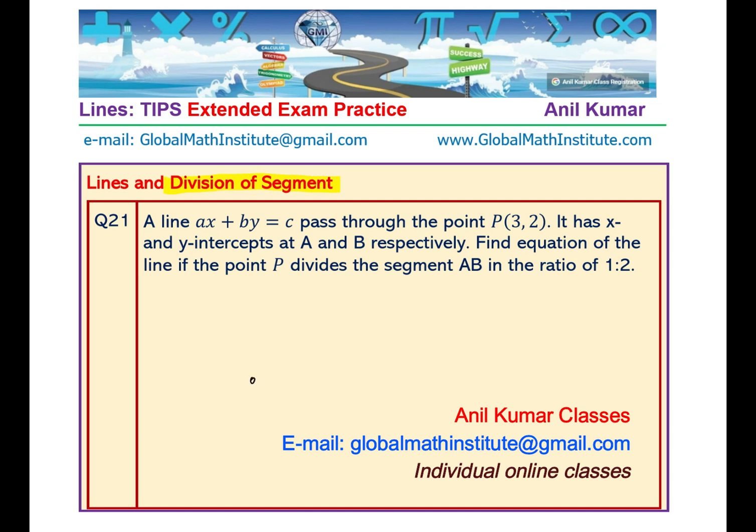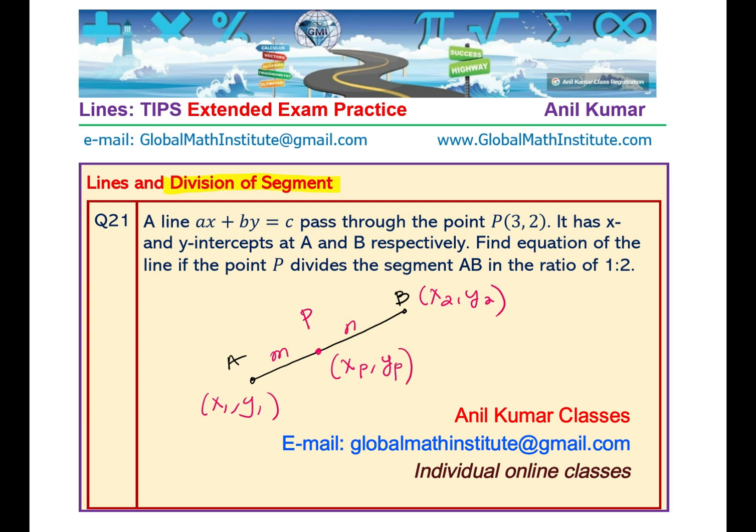Basically, if you have a line segment from points A to B, with a point P which divides the segment in the ratio of m to n, how are these points related? Let the coordinates of point A be (x1, y1), of B be (x2, y2), and of point P be (xp, yp).